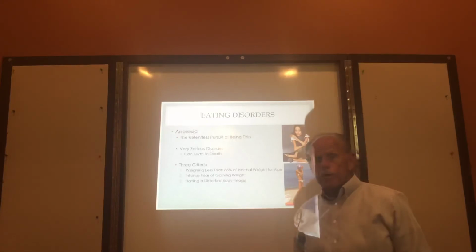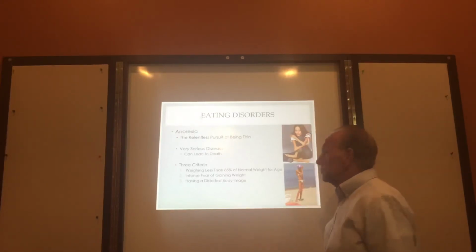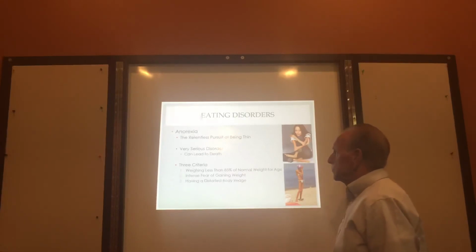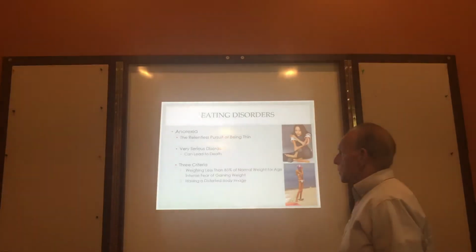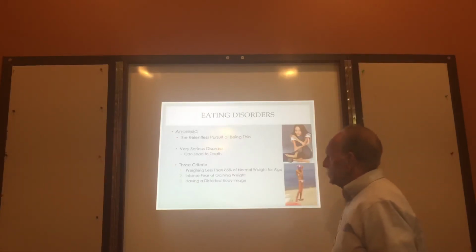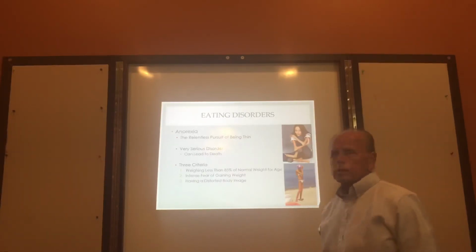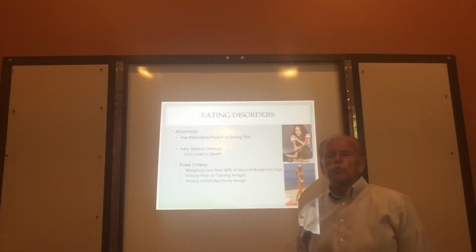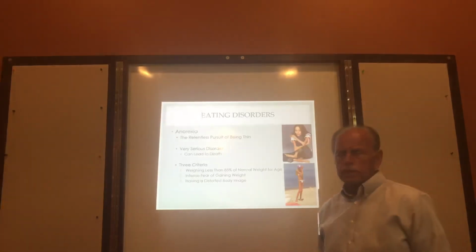By gender, obviously the majority of clients or young people who suffer from this are females, far more common among the female population. The criteria, and this has been changed, this says weighing less than 85% of what would be normal or typical body weight for someone of that stature and age.